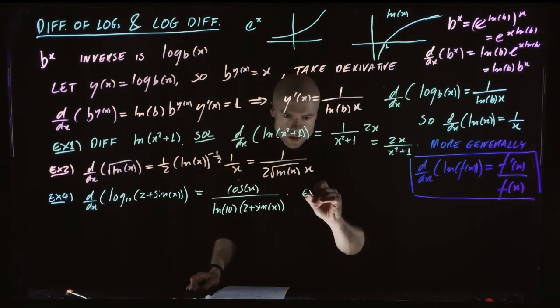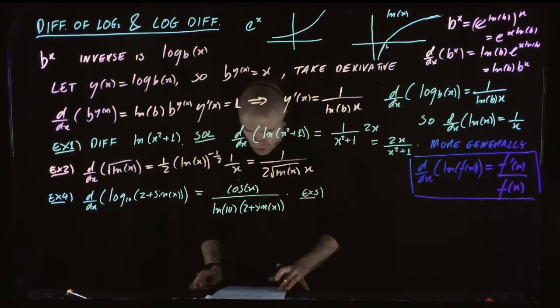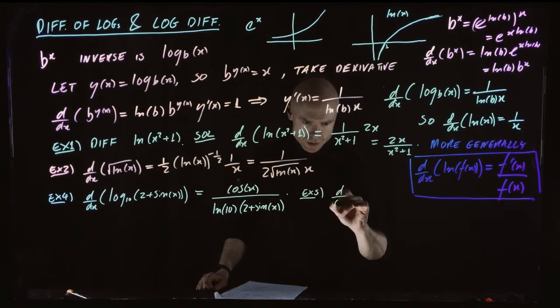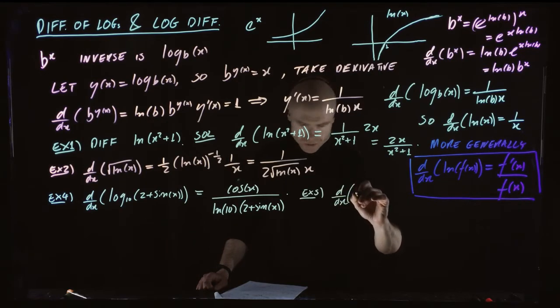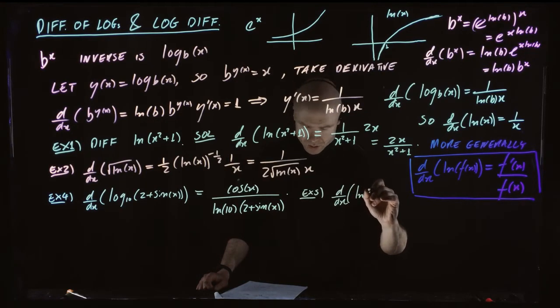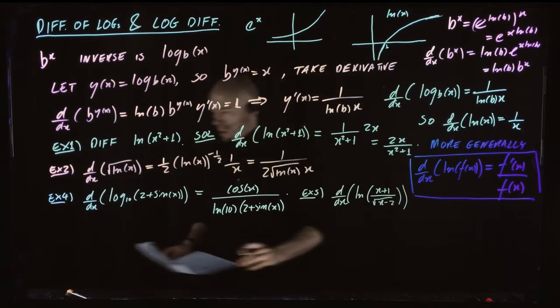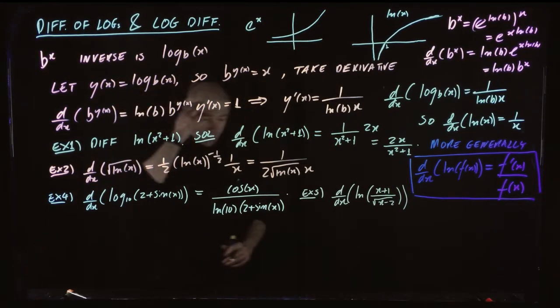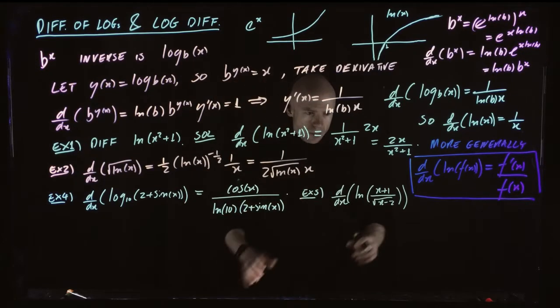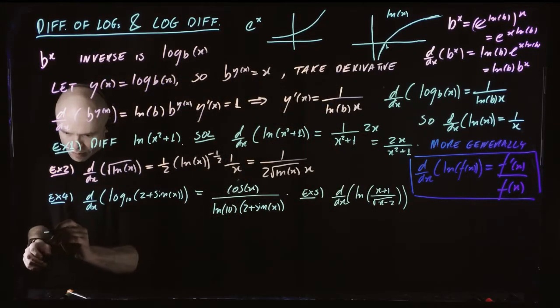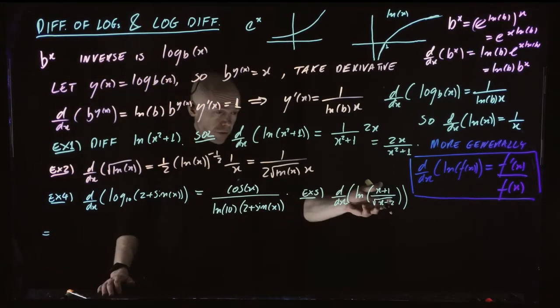This is example 5. Let's take the derivative of natural log of x plus 1 over square root of x minus 2. Okay, so it's looking a bit more complicated, but let's just do it. So the outer function is natural log.